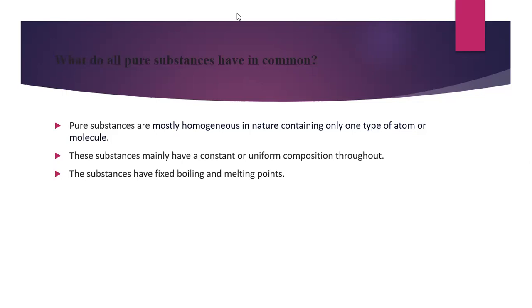Generally speaking, take water as the best example, which is considered to be homogeneous in nature, which has only a single type of atom or a molecule, homogeneous throughout the state and of uniform composition. The substance has a fixed boiling point and melting point temperature. These are the common identities to refer to a pure substance in general existence.